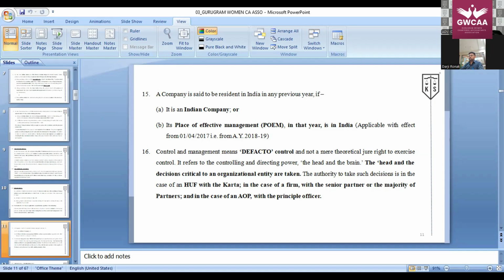So the income whatever they have earned is not liable for the tax. So to curb these practices, the concept place of effective management, yani ki POEM, that has been brought.